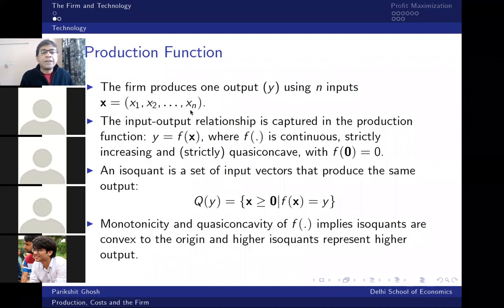N different inputs. Now, the first thing we need to know to do the analysis is what is the input-output relationship? What combination of inputs can produce how much output? And in most production processes, there will be some flexibility. You can generate the same output of a good or service in relatively labor-intensive ways, let's say, or in more capital-intensive ways. So for example, if it's a firm which makes cloth and garments, they can adopt more sort of household kind of technology.